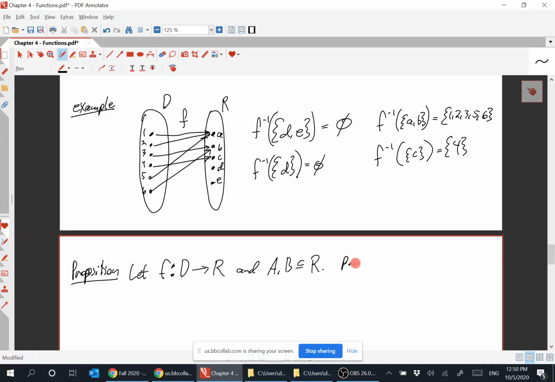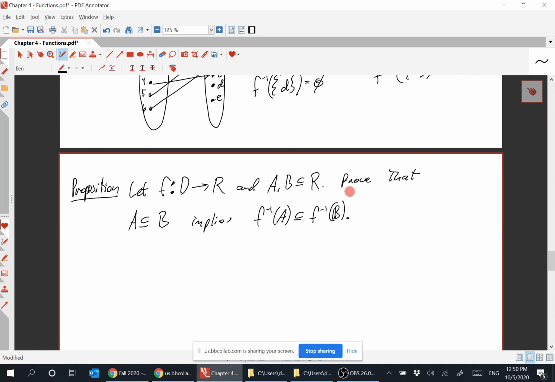Okay, prove that A subset of B implies f inverse, the preimage of A is a subset of the preimage of B. Well, not prove that. It's a proposition. A subset B implies preimage A is a subset of preimage B. Let's prove that.